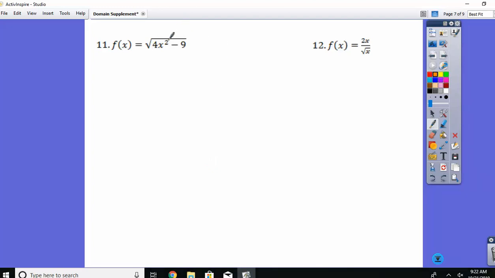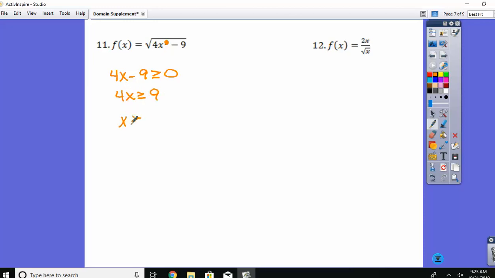Hold on. I'm going to change this real quick. I want to do this 4x minus 9. Sorry about that. Okay. So it's a radical. So what do we know? So add your 9.